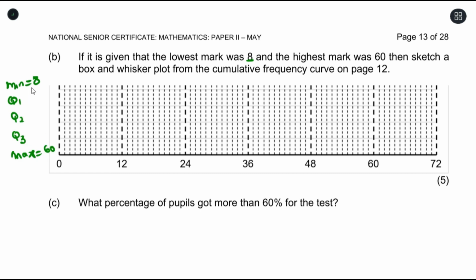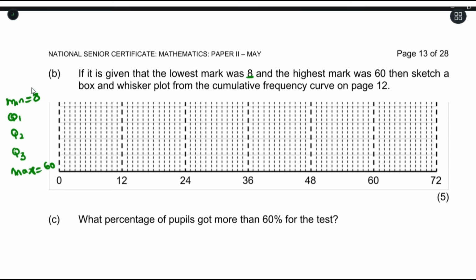To find Q1, Q2, and Q3, we take 25%, 50%, and 75% of the total cumulative frequency.